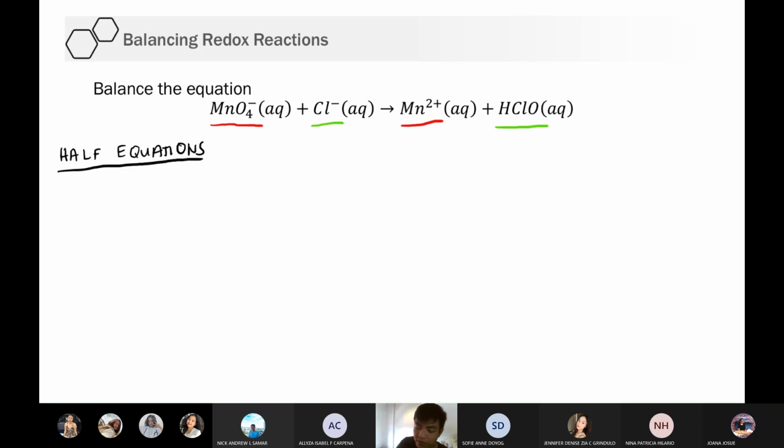Okay, so pag split natin sila into 2, you have the MnO4 to Mn2+. Then you also have Cl to HClO.